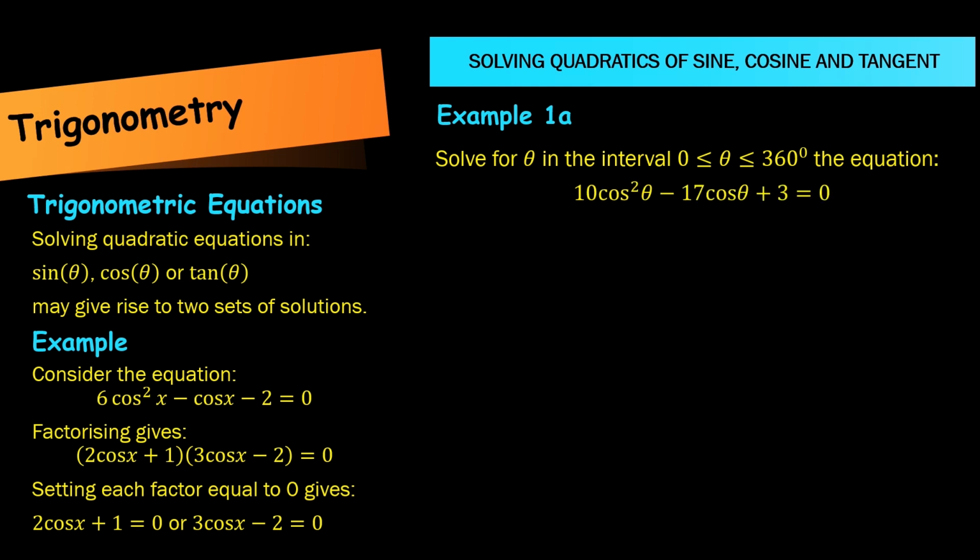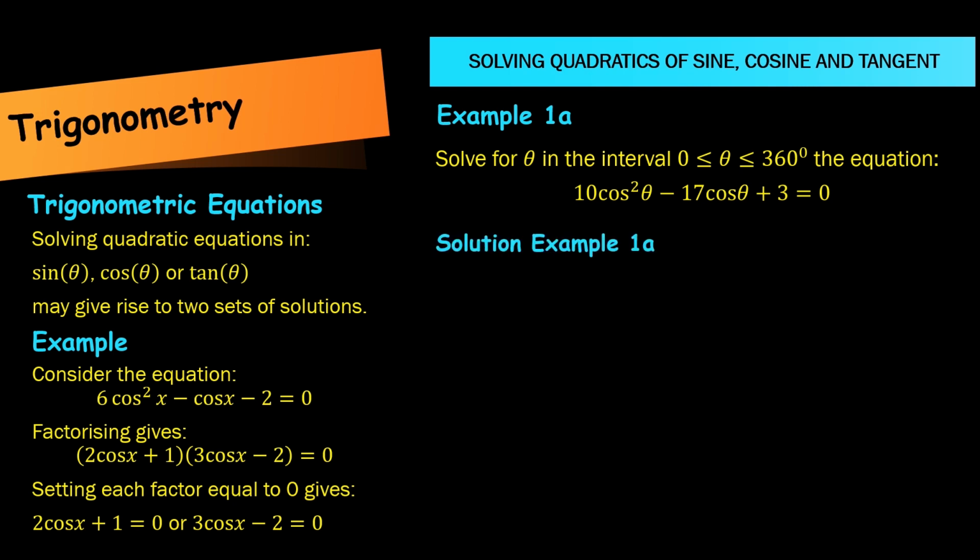So let's solve example 1a first. Solve for theta in the interval 0 less than or equal to theta less than or equal to 360 degrees, the equation 10 cos squared theta minus 17 cos theta plus 3 equals 0.